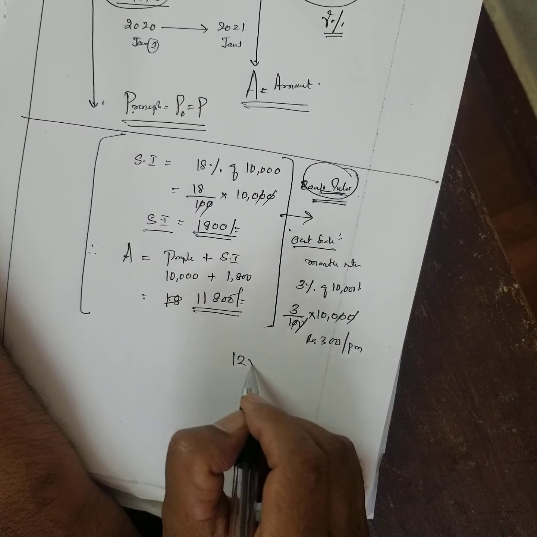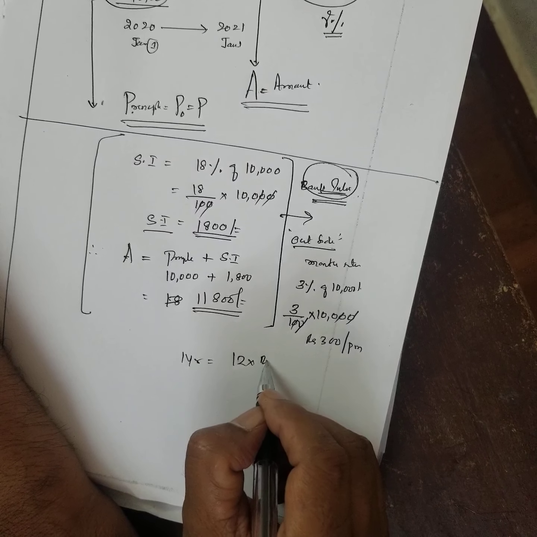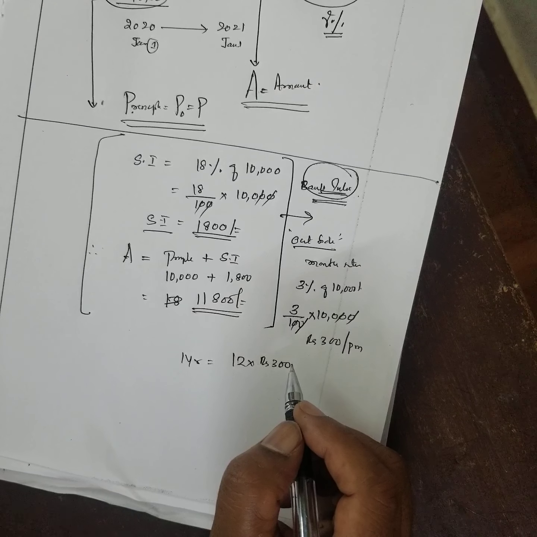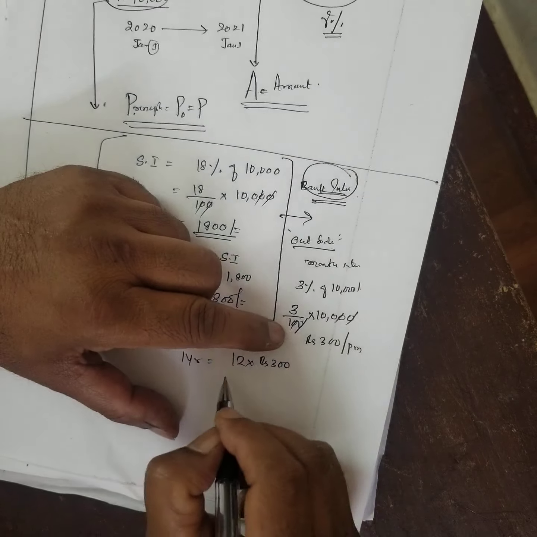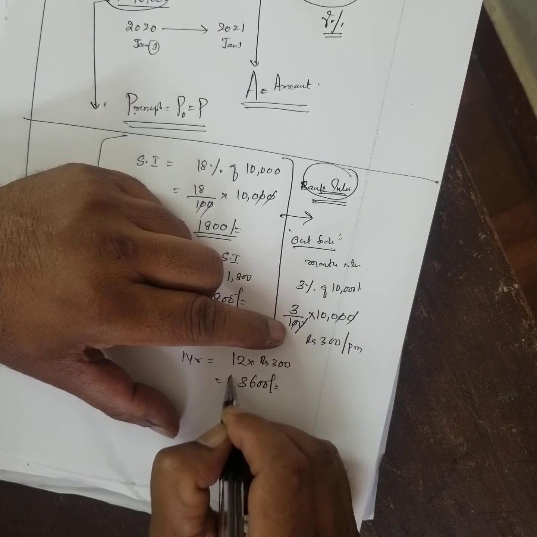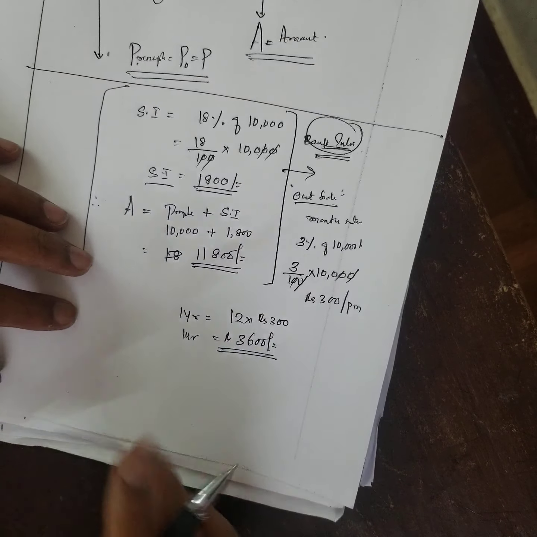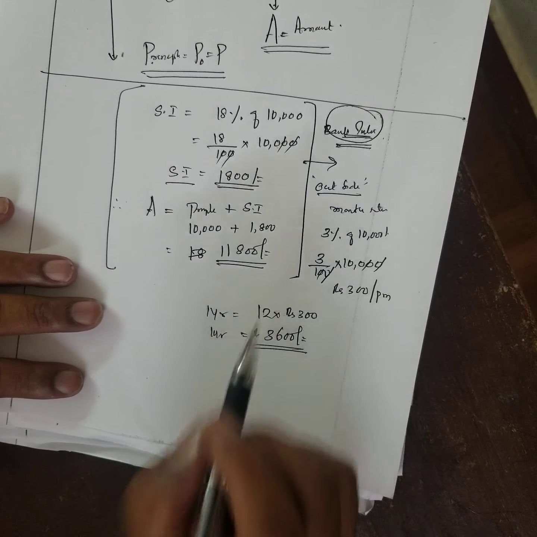Therefore, 1 year equals 12 months, so 12 into 300 equals 3,600. In 1 year, you'll get 3,600 for 10,000 rupees.